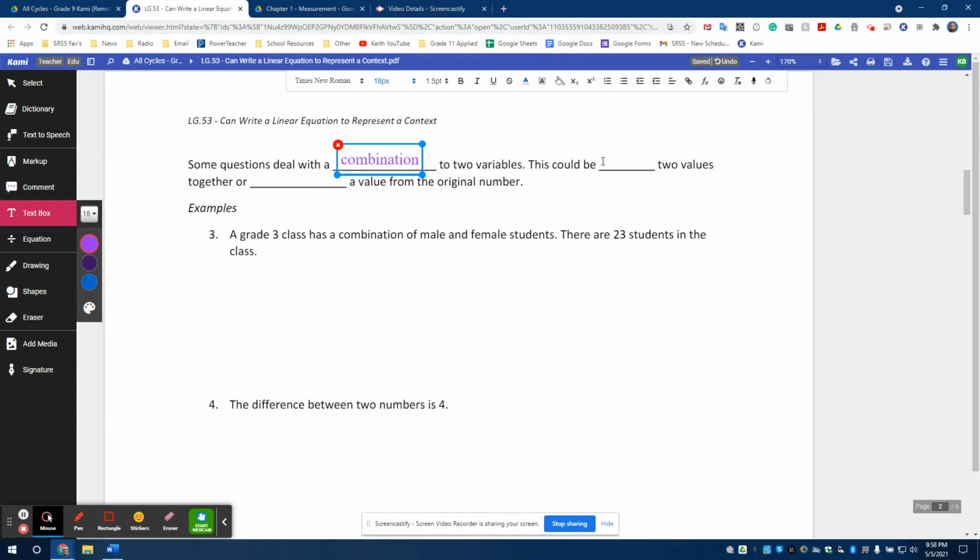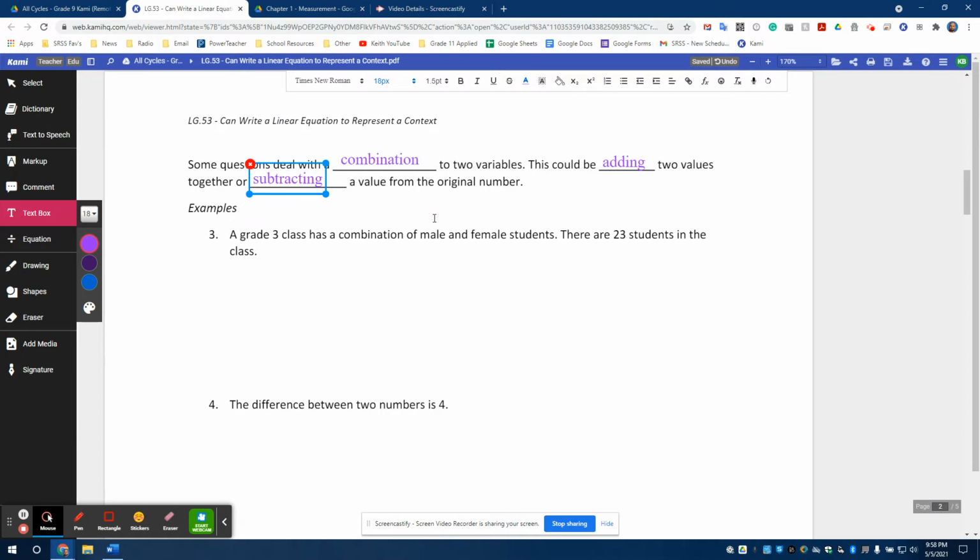Now, this would probably be, I would say, the most common, and that includes on your assignment. This could be adding two values together, or, a little bit less common, subtracting a value from the original number.